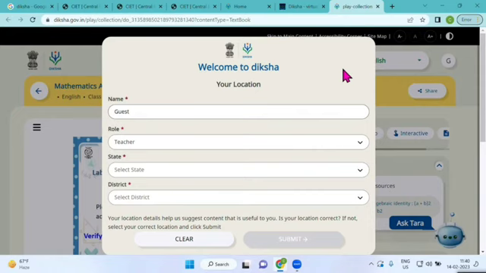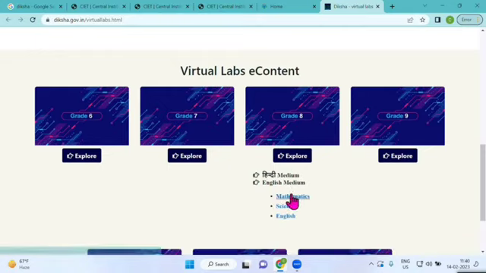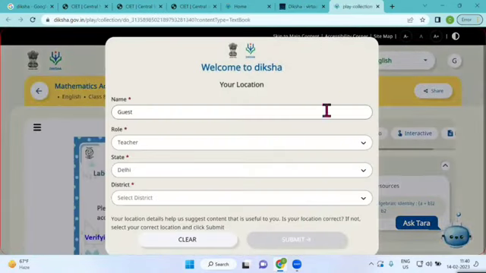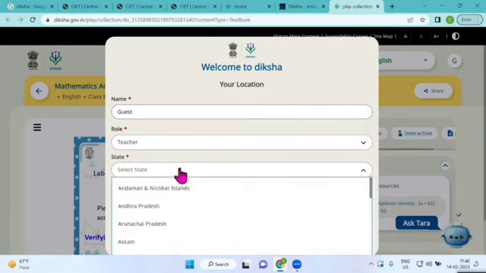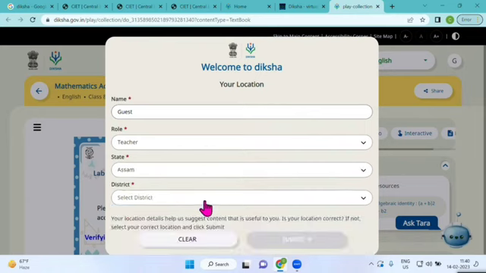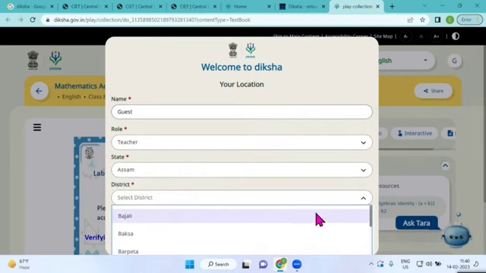Again I am taking, select the state, and now I am selecting the district.